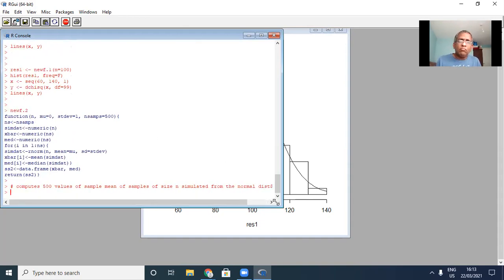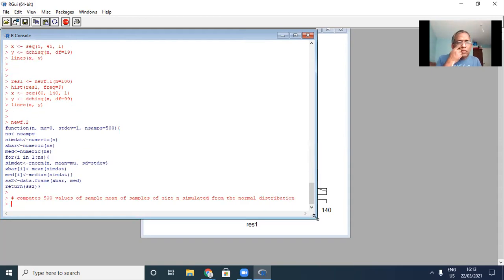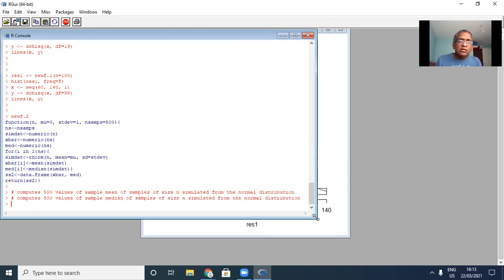Do you see what I'm saying? It computes 500 values of the mean of samples of size n simulated from the normal distribution, and it also computes the 500 values of the sample median of samples of size n simulated from the normal distribution.